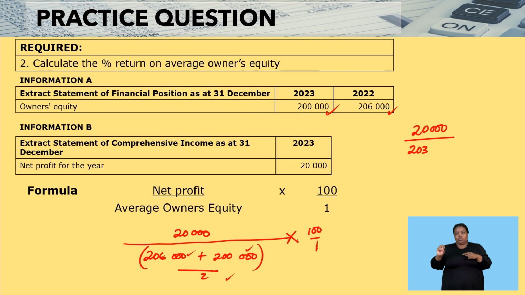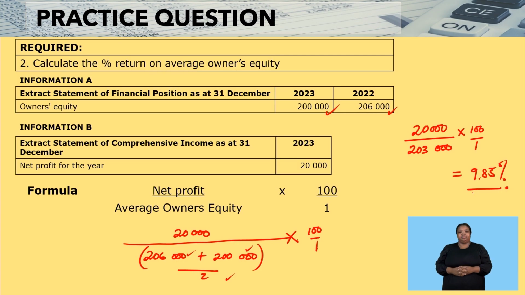That is, when you add this and that, then you divide by 2. It is 20,000 divided by 203,000 multiplied by 100/1, and your answer will be 9.85%.